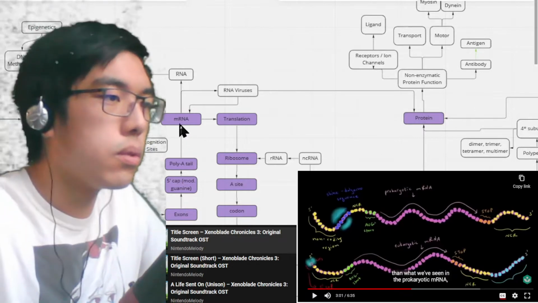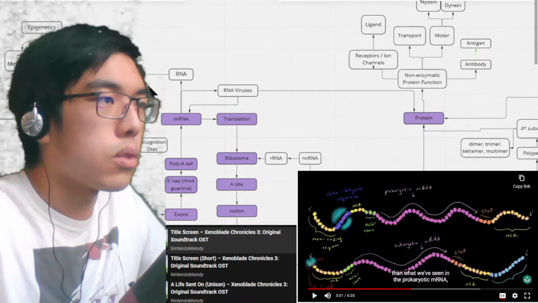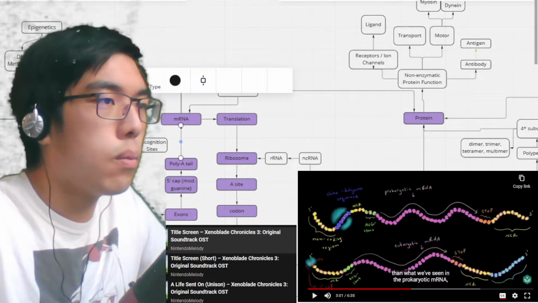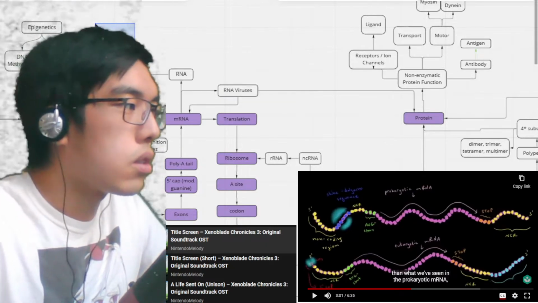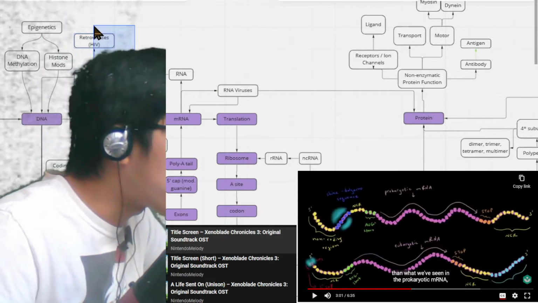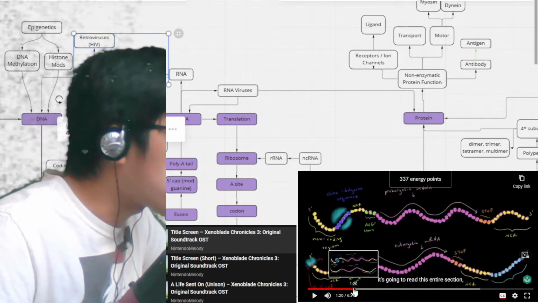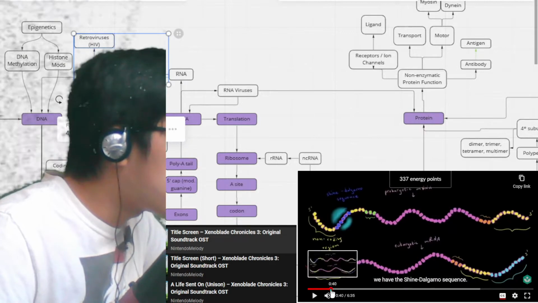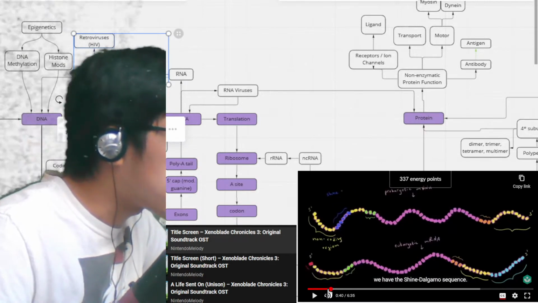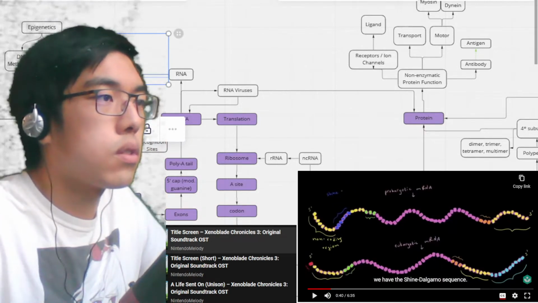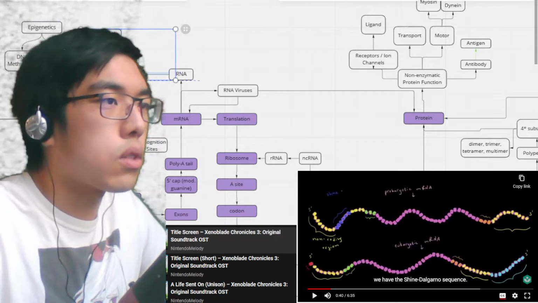Okay, what I'm going to do is, let's see, where can I put this? The Shine-Dalgarno sequence is concerning me at the moment. I'd like to include that somewhere.